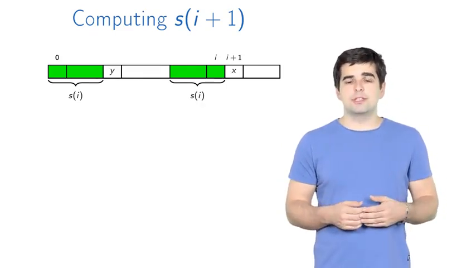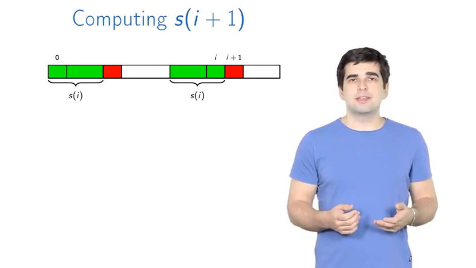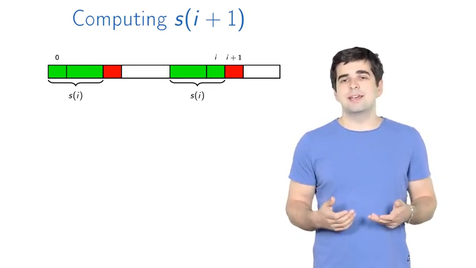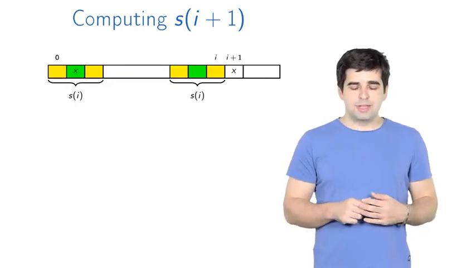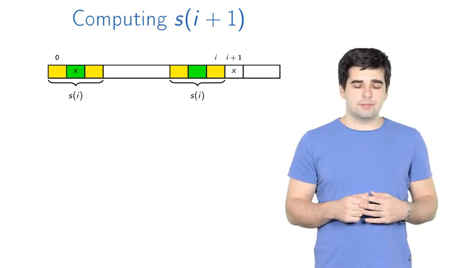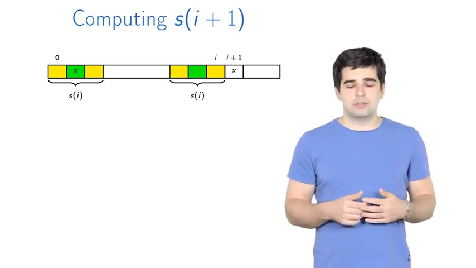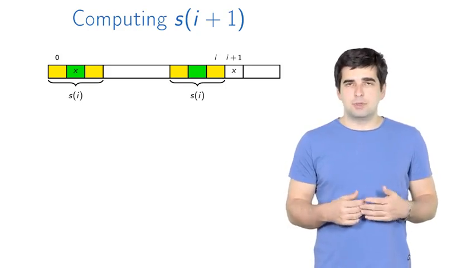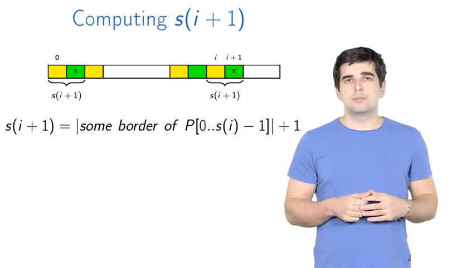Let's consider an example. Here's a string P, and we consider the first prefix of this string, A. For this prefix there is no border, so prefix function is 0. Then for the prefix AB, ending in the position number 1, there is also no border because A is not equal to B, and so the prefix function is again 0.